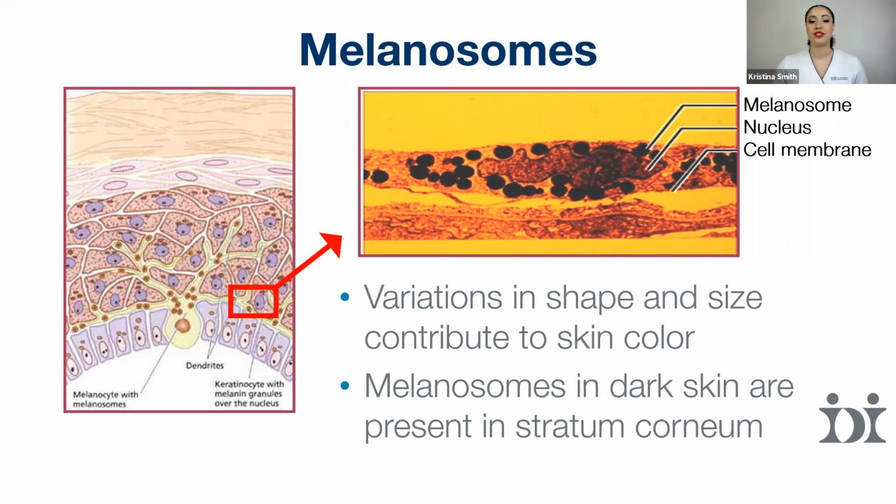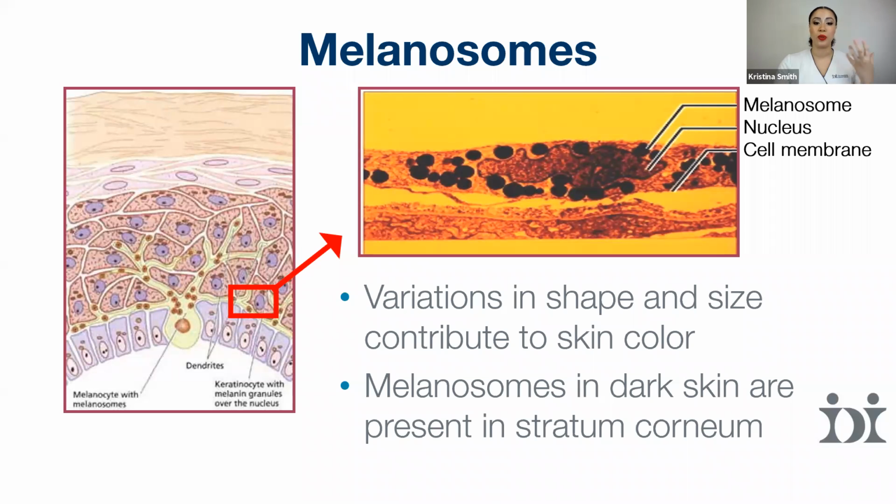Now, another thing that's interesting to note about melanosomes is that their presence is different in darker skin versus lighter skin. So I want you to think of the stratum corneum for a minute. We often say it's like a brick wall, the skin cells being the bricks and the intercellular glue holding them together. Once those bricks start to flatten and they're corneocytes, the dead skin cells in the stratum corneum, if you have lighter skin, those corneocytes do not have any melanosomes present.